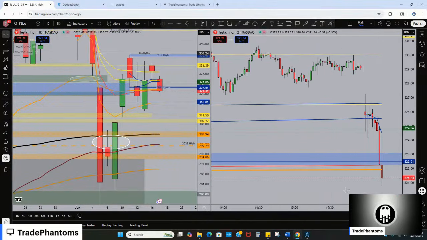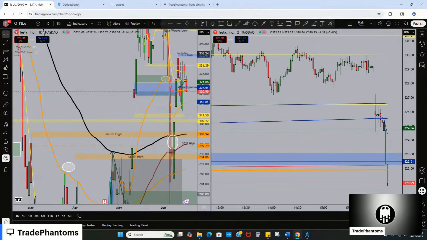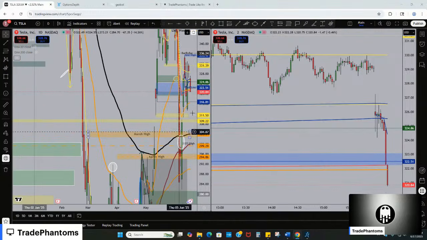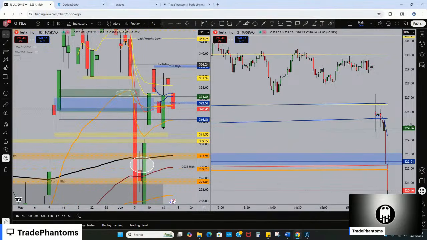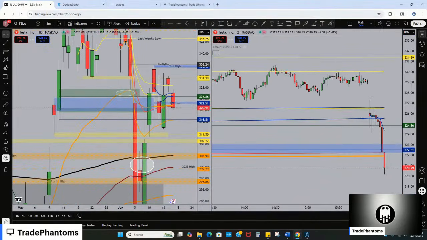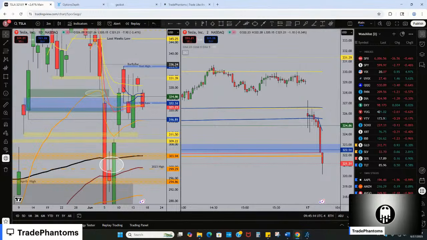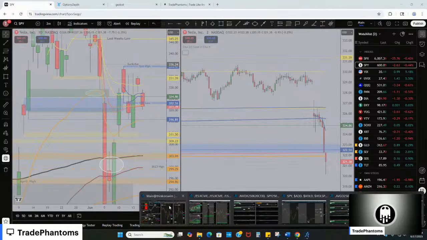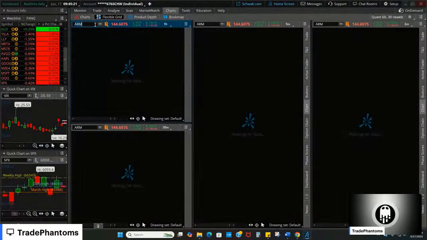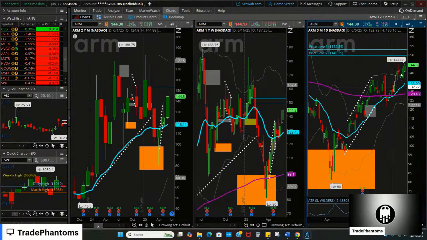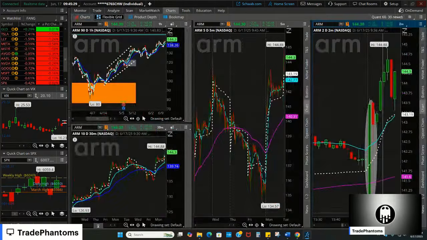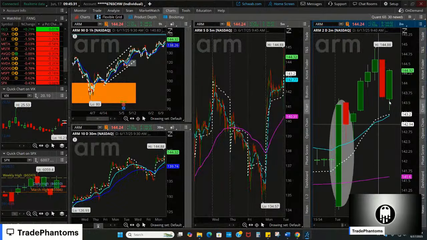Tesla. Let's see. Just hit VWAP. Good job.